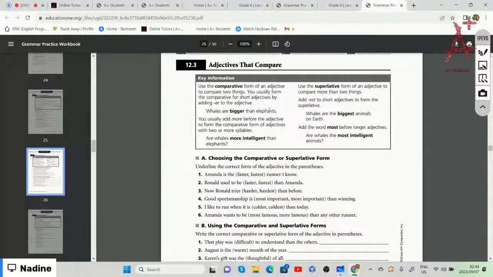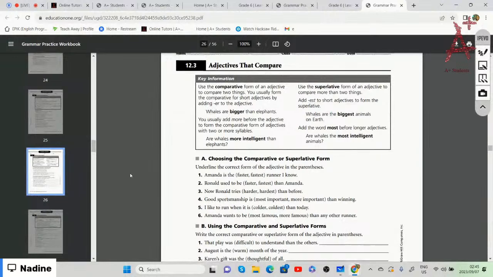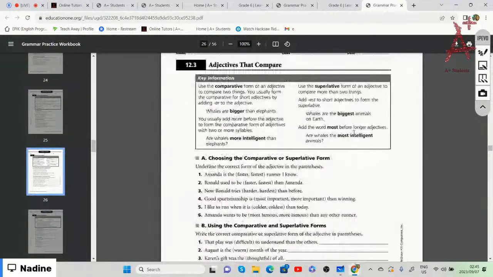We usually add more before the adjective to form the comparative form of adjectives with 2 or more syllables. For example, are whales more intelligent than elephants? They either say yes or no, they are more intelligent. And then we have the superlative form of adjective, which compares more than 2 or 3 things, right?